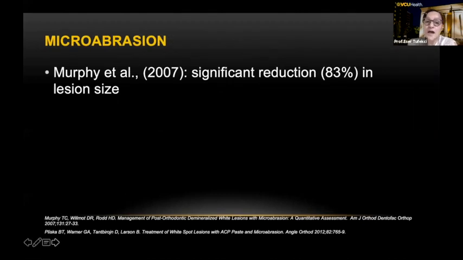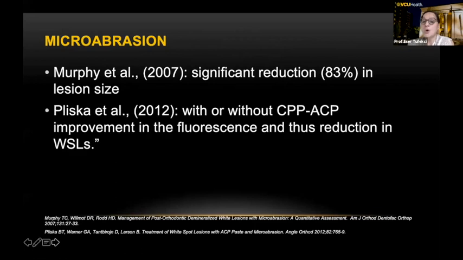So a 2007 study indeed showed a significant reduction in lesion size, and a 2012 study from Pliska out of Canada also did similar study with microabrasion, and they used MI paste in one group, and in the other group they only did microabrasion.